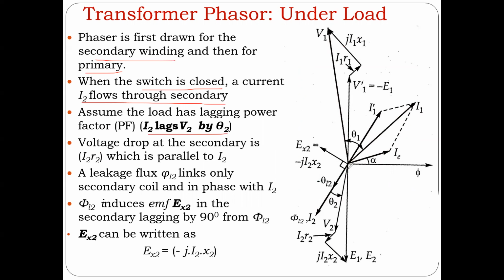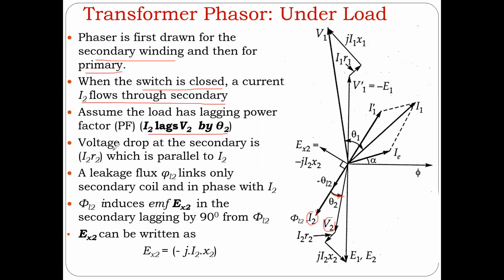Okay. So this is V2, and this is I2, which lags by theta 2 degrees. Why does it lag by theta 2 degrees? Because I'm considering my load to be an inductive load, and because it's an inductive load, the current would lag the voltage.